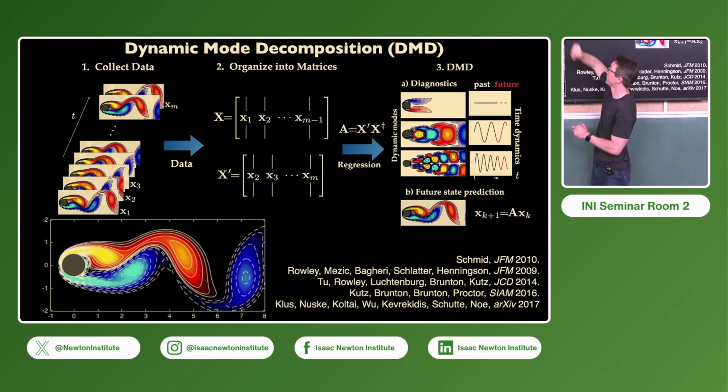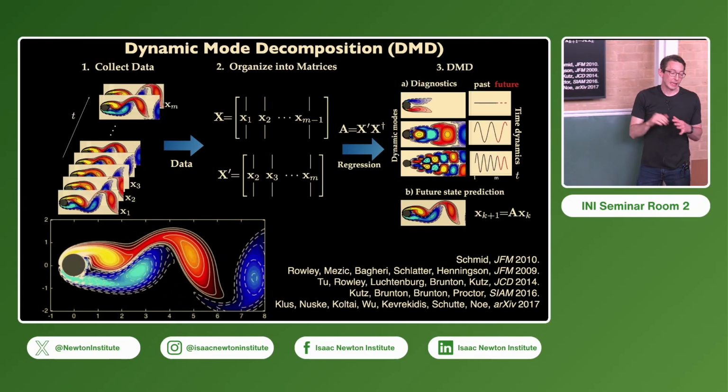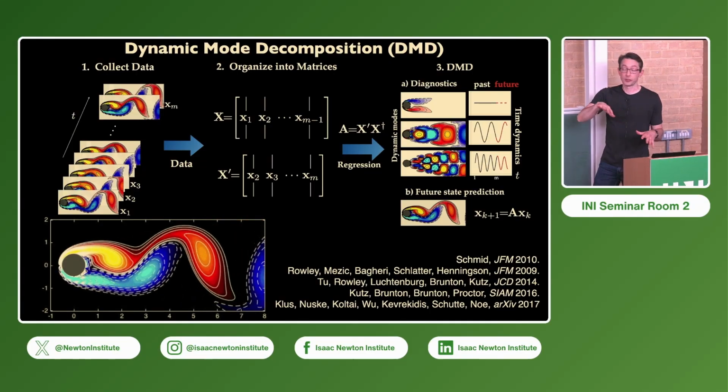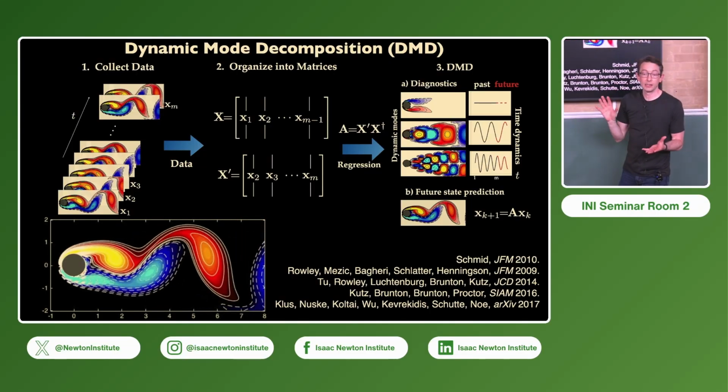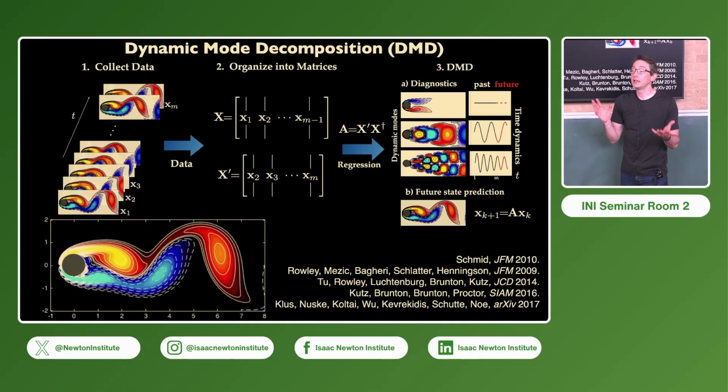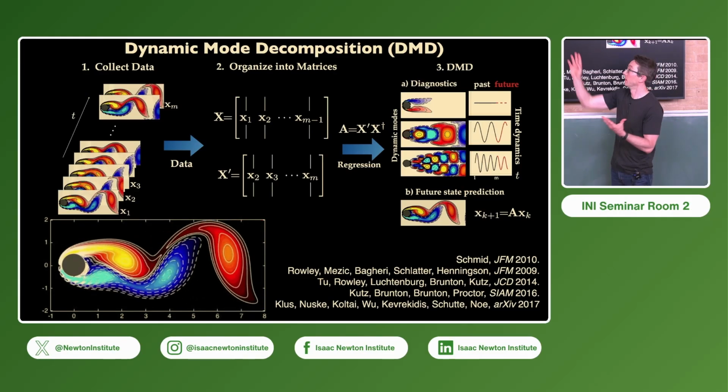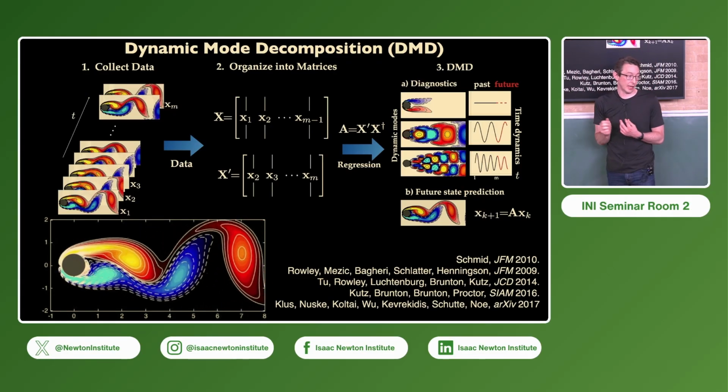So it's a matrix factorization that gives you a subspace, a low dimensional subspace, maybe 5 or 10 degrees of freedom, that capture 99 or 99.9% of the information in X.